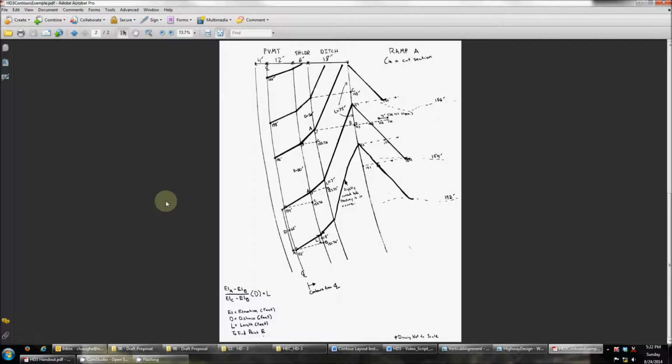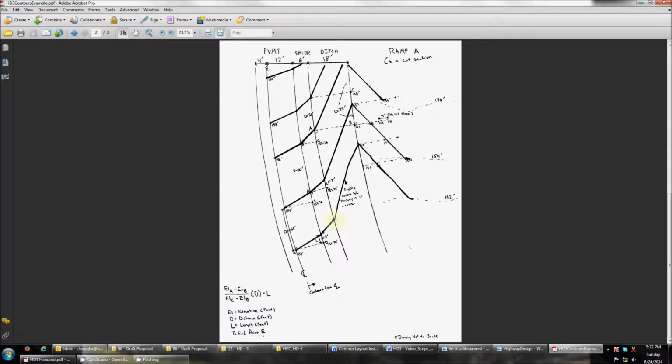So once you have all of the different contour points drawn for this arbitrary, again, we're pretending this is an 8-foot offset line here from your shoulder point to get your fill slope. Once you have all of those points marked, then you can just draw a line to connect the dots.